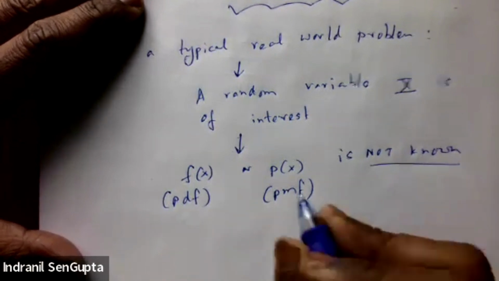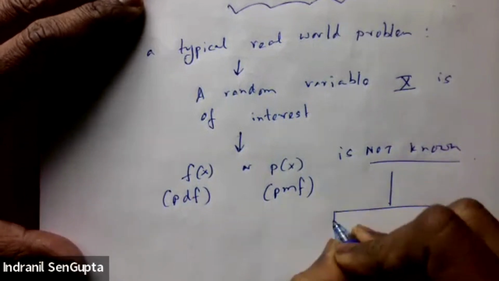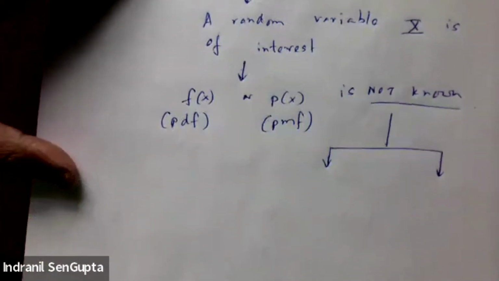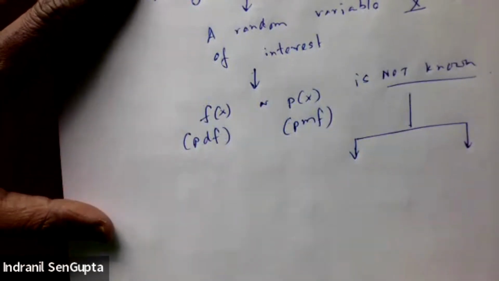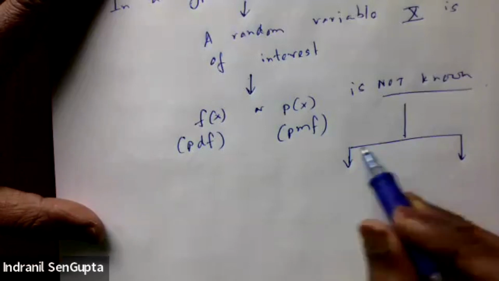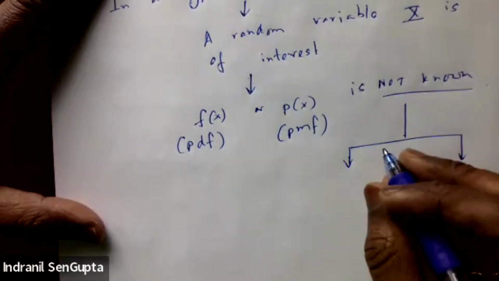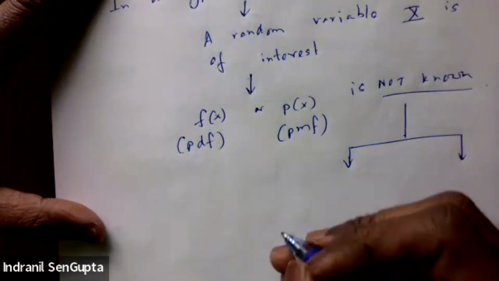One is partially unknown, and sometimes it's completely unknown. Of course, for the textbook problems or in class, we consider problems where it's known, like we know everything. But typically, if you're dealing with a real world problem, this f(x) or p(x) is not really known.